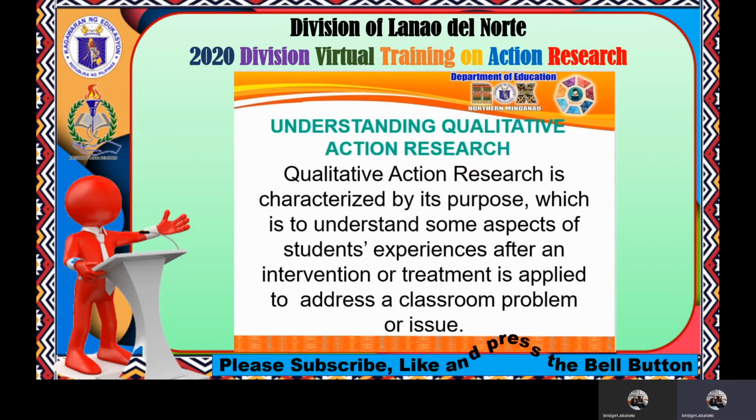So action research topics should be properly classified as quantitative or qualitative. Okay, any questions so far with regard to the answers or the sample analysis of the pre-activity questions? If there is none, let us proceed with our main discussion, which is understanding qualitative action research.